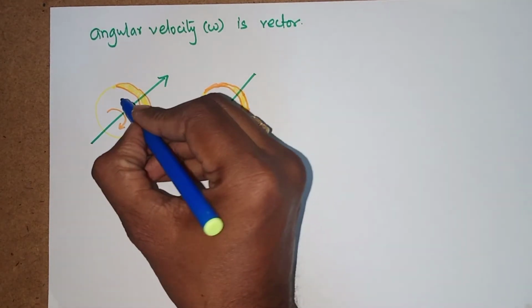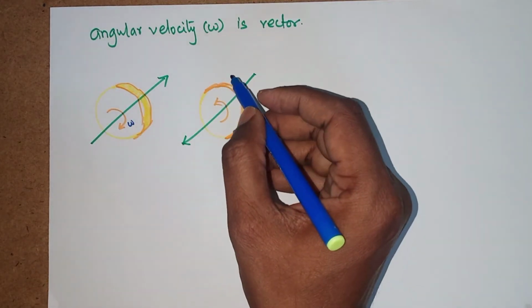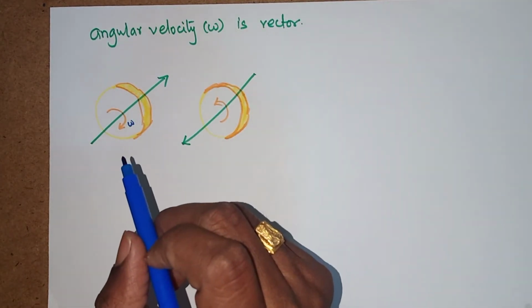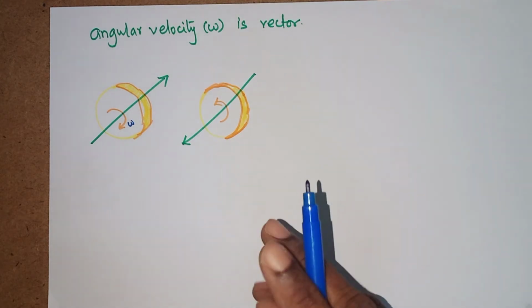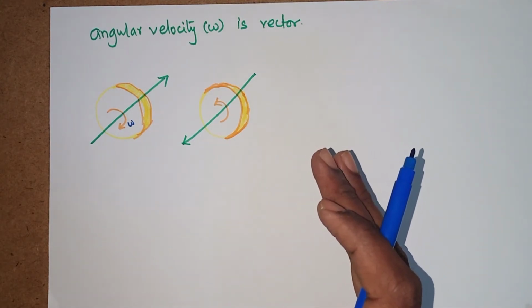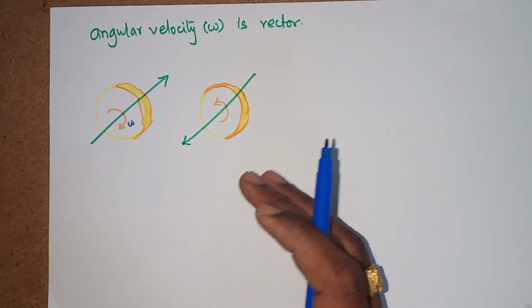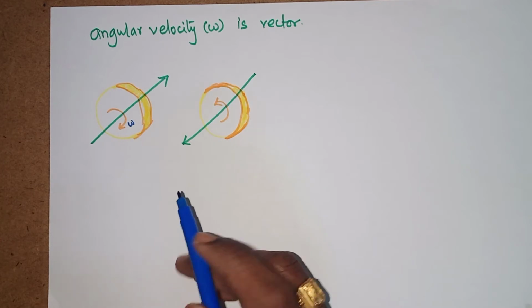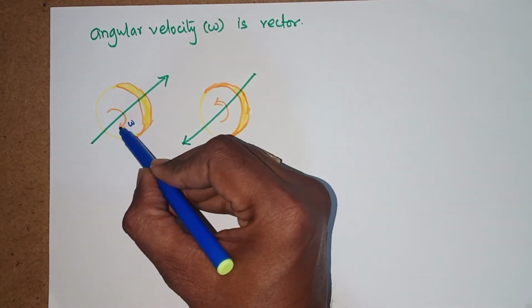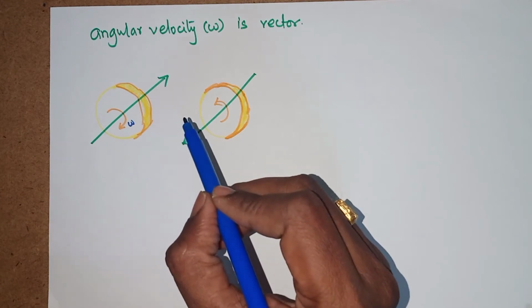This indicates a clockwise direction, and this is the anti-clockwise direction. Just like if the head of a right-handed screw rotates with the body, it advances in the direction of the angular velocity omega. Then the sense is clockwise or anti-clockwise. This is simply assumed to be clockwise, and this is assumed to be anti-clockwise.